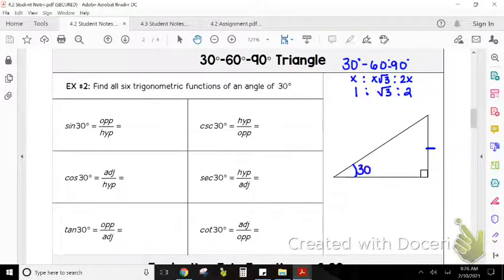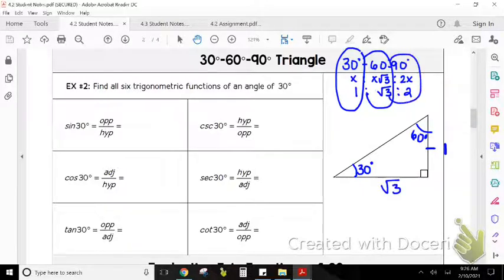So 30 degrees is going to be here, which means 60 degrees has to be up here. And then we can see that across from the 30 degrees is going to be a 1. Across from the 60 degrees is that square root of 3. And across from the 90 is going to be the 2. And this is going to be true every time. Across from the 30 degrees, it'll always be 1 there. Across from the 60 is going to be the square root of 3.